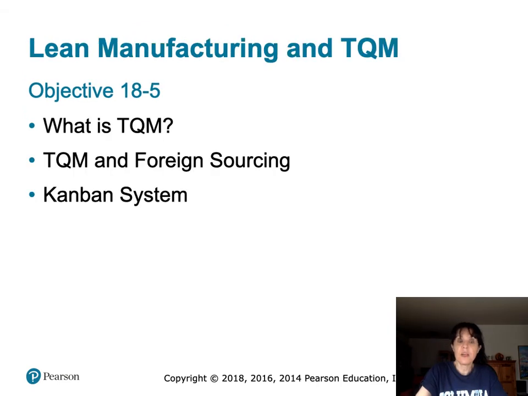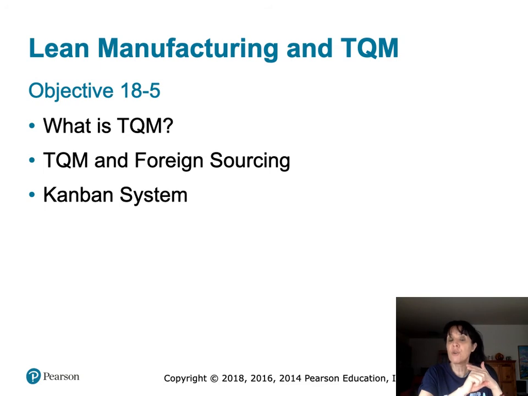In this context, total quality management describes a process that stresses three principles: customer satisfaction, continuous improvement, and employee involvement. TQM basically stresses three important principles. Number one, customer satisfaction.